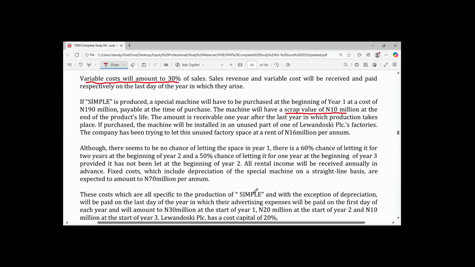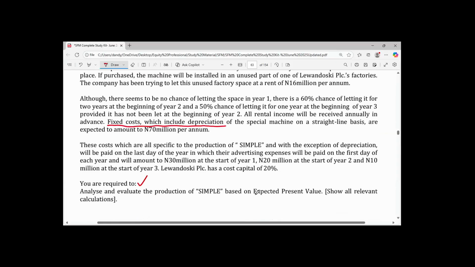Fixed costs, which include depreciation of the special machine on a straight-line basis, are expected to amount to 70 million per annum. These costs, which are all specific to the production of Simple, with the exception of depreciation, will be paid on the last day of the year in which they arise.